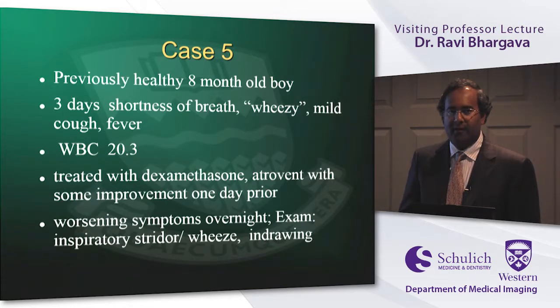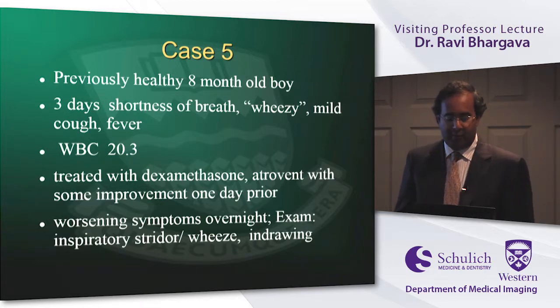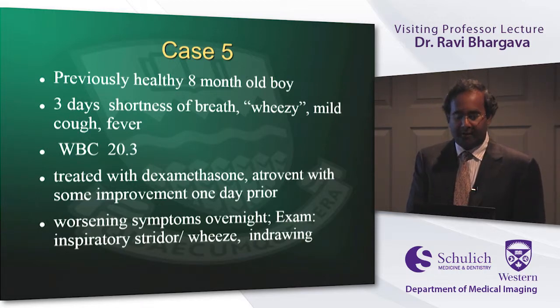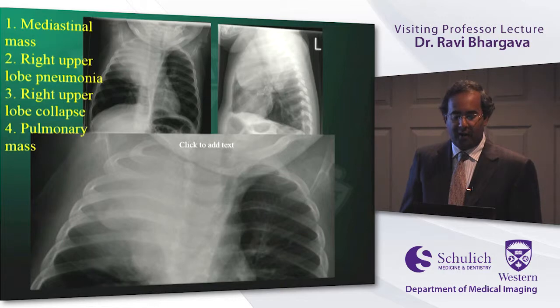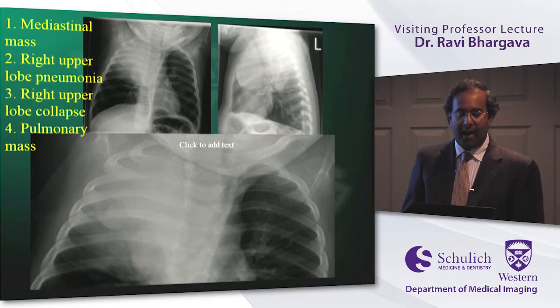The child had some worsening symptoms overnight, and on exam, the child's got indrawing, but also has inspiratory stridor and wheezing. So here's the chest radiograph. Does the child have a mediastinal mass, right upper lobe pneumonia, right upper lobe collapse, or a pulmonary mass?